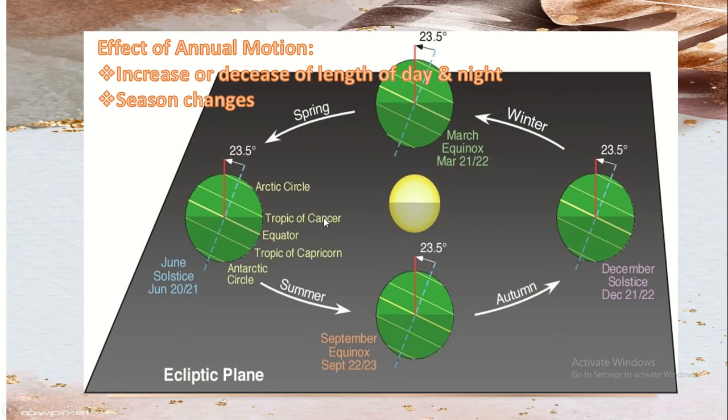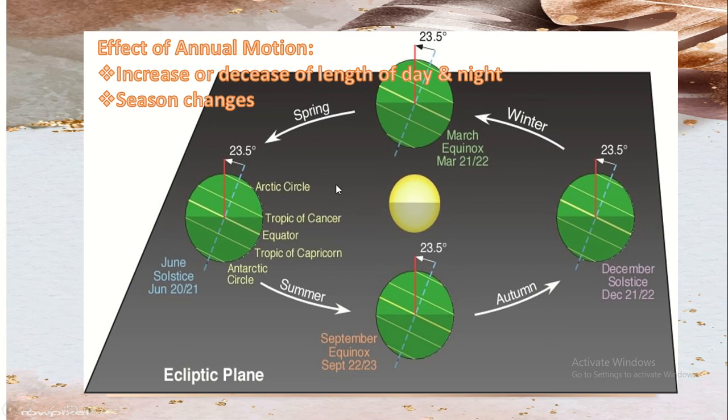So let us have a look at the following figure. While moving round the sun, the 4 stages of the earth have been specified in the orbit, such as 21st June, then 23rd September, 22nd December and 21st March. So we are observing here the 4 stages of the earth.